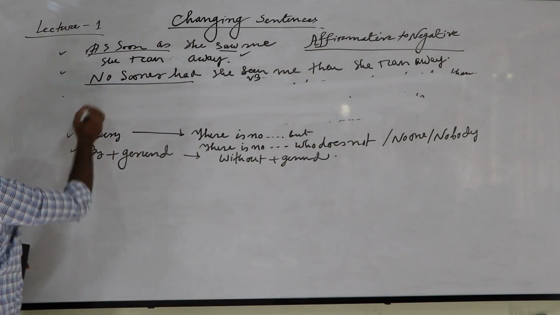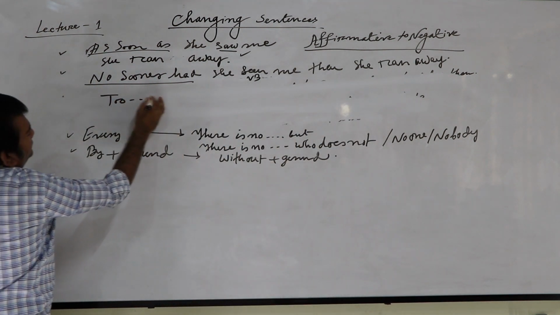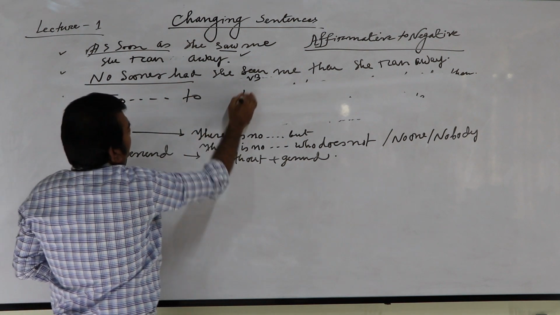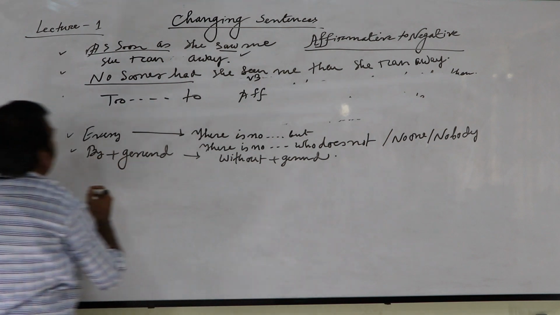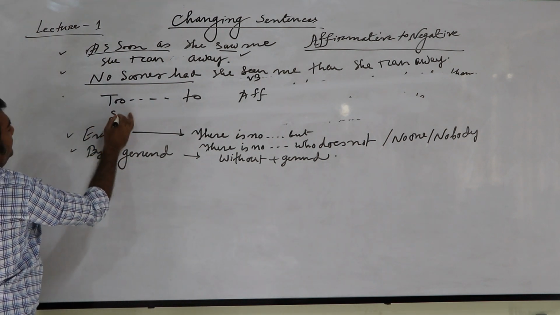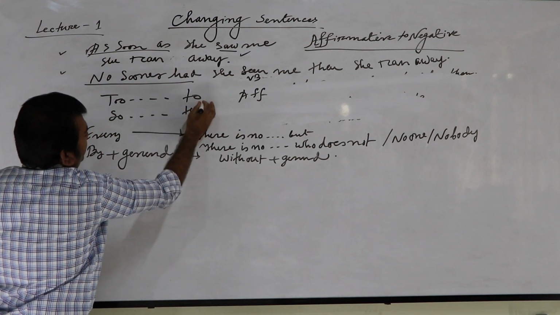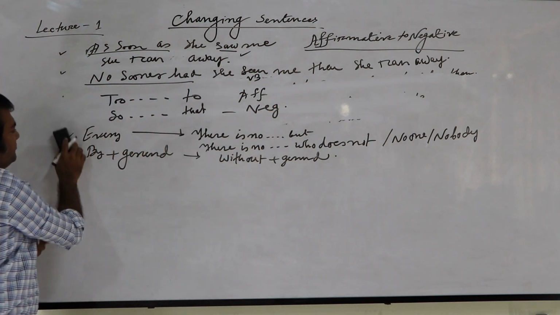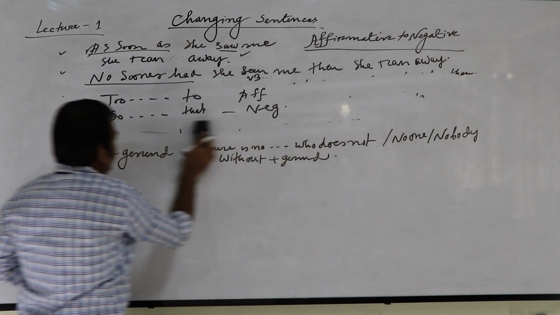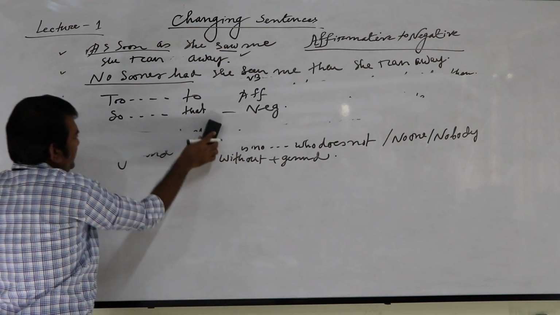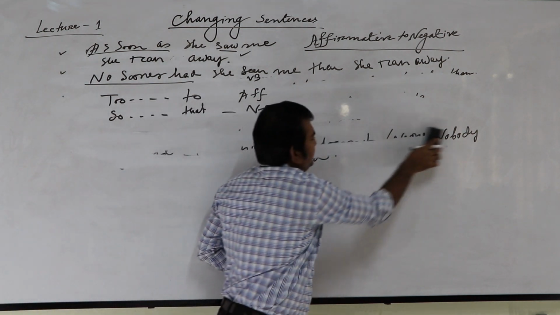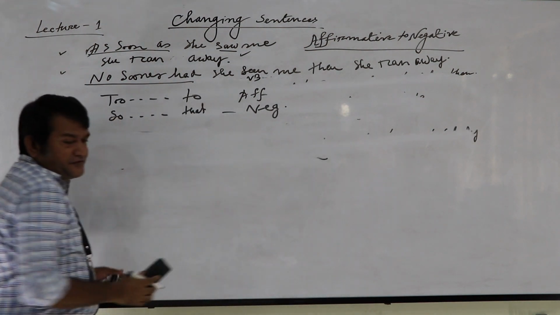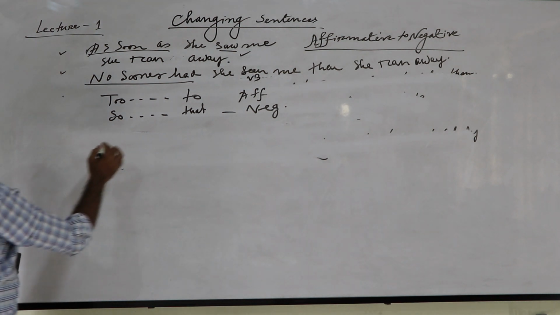And that is too, dot, to. This is also affirmative, and negative form is so, dot, that. So you should bear in mind that if the sentence having too is affirmative sentence, and this kind of affirmative sentence should be changed by the use of so, dot, that.